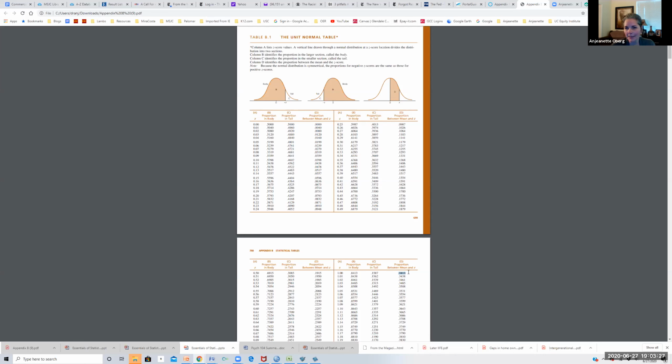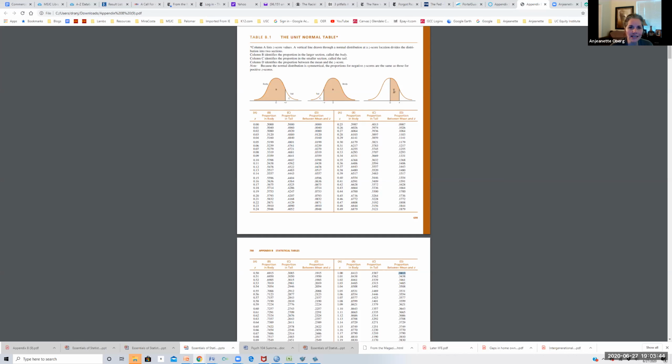Does that make sense? Sometimes that's helpful because I might want to find the probability of scoring between 1 and the mean, and that would tell me.